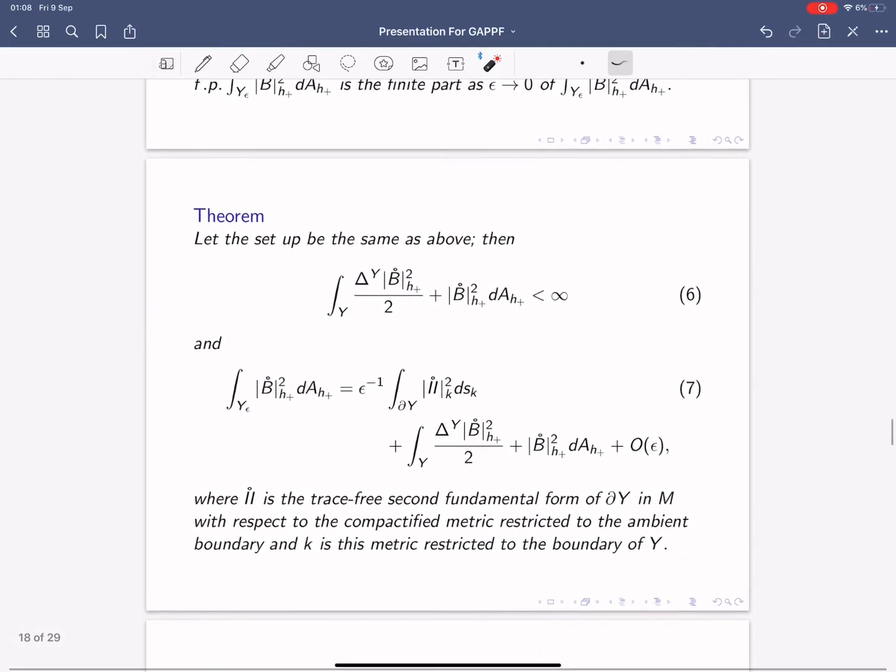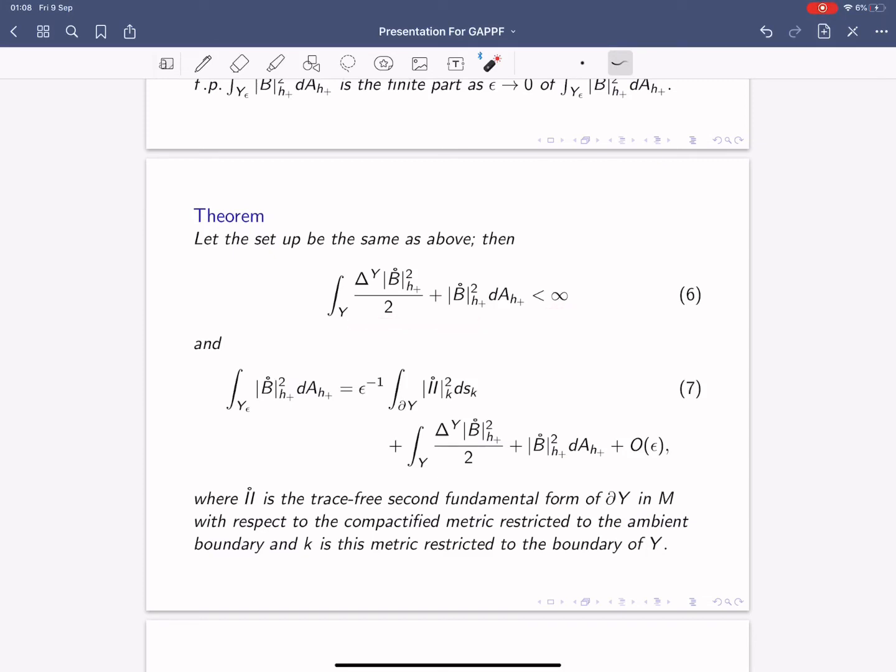So if we take the exact same setup as before, then it turns out that this quantity is finite, right? Either of these terms on their own, integrated over the manifold Y, would blow up in general. But together, they're finite.